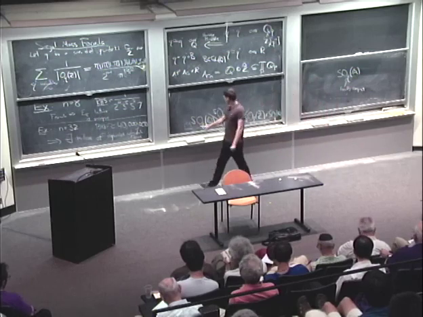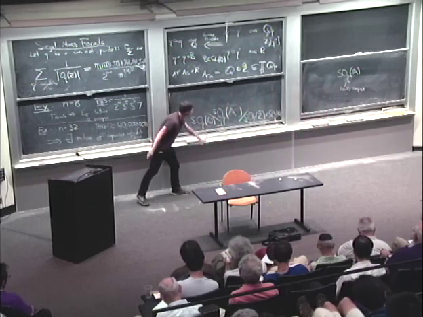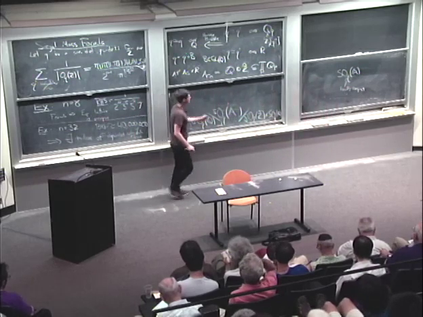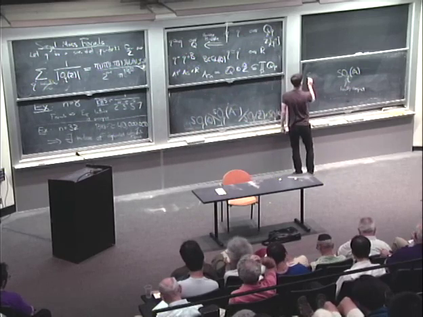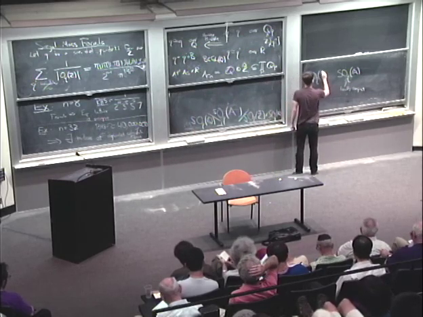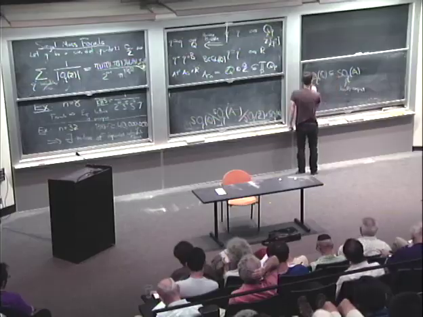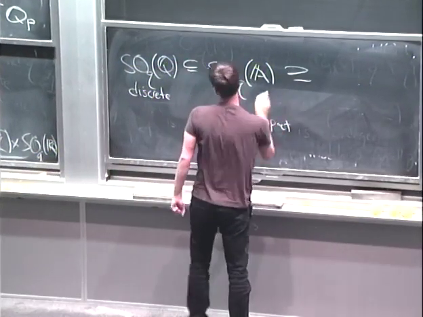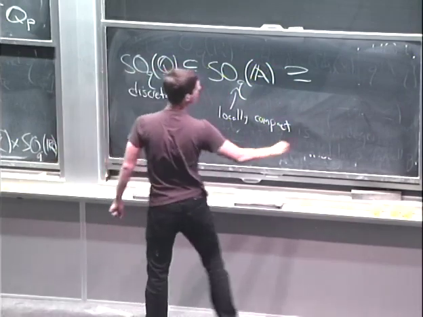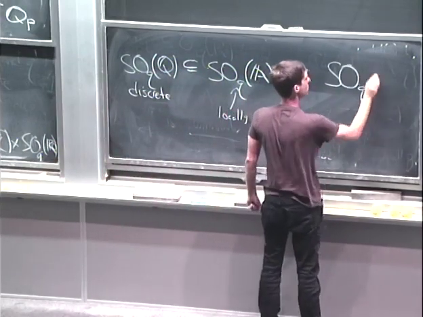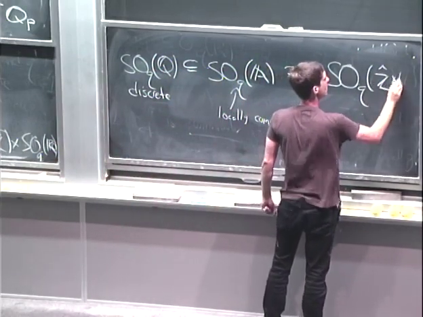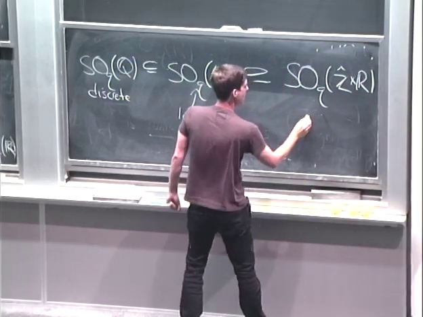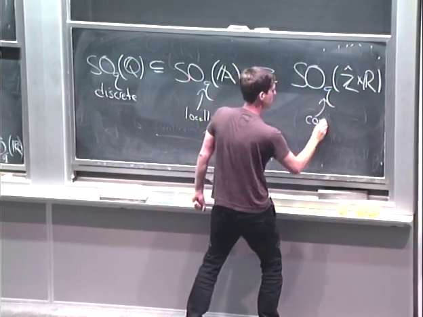And inside that sits the group SOQ of the rational numbers, and that's actually a discrete subgroup. So this is discrete. And on the other side, we have this group here. Let me write this as SOQ of Z hat cross R. This is a compact open subgroup.